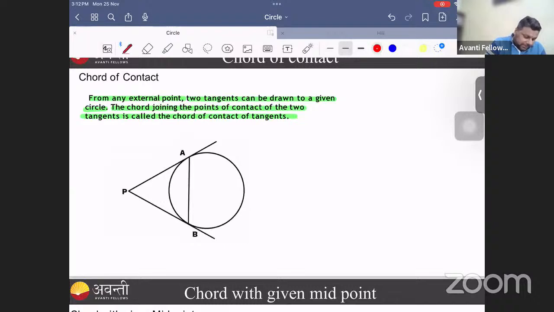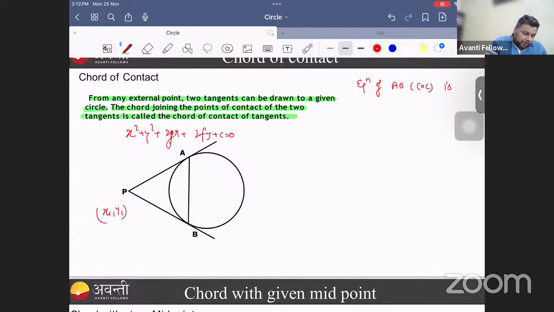So how do I get it? Now if this external point is x1 comma y1, then the equation of AB, which is the chord of contact, is, let us assume the circle is x square plus y square plus 2gx plus 2fy plus c equals to 0.